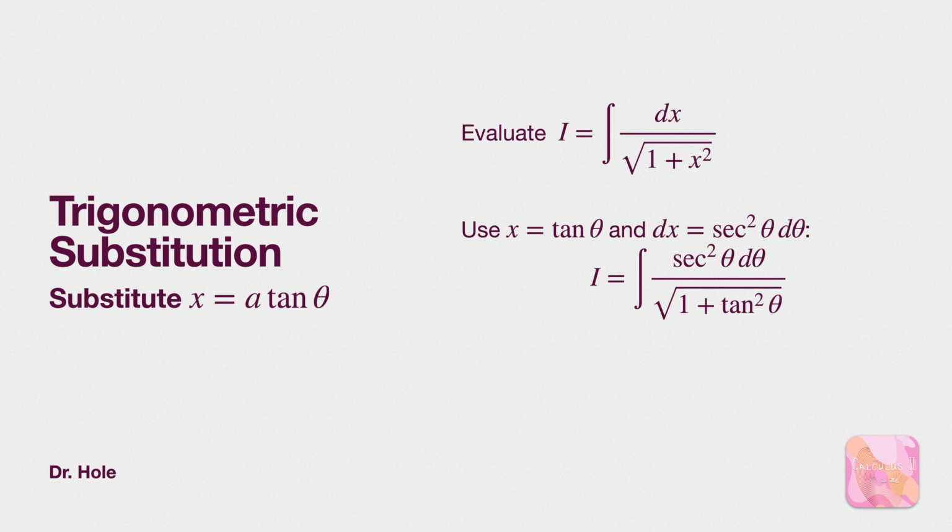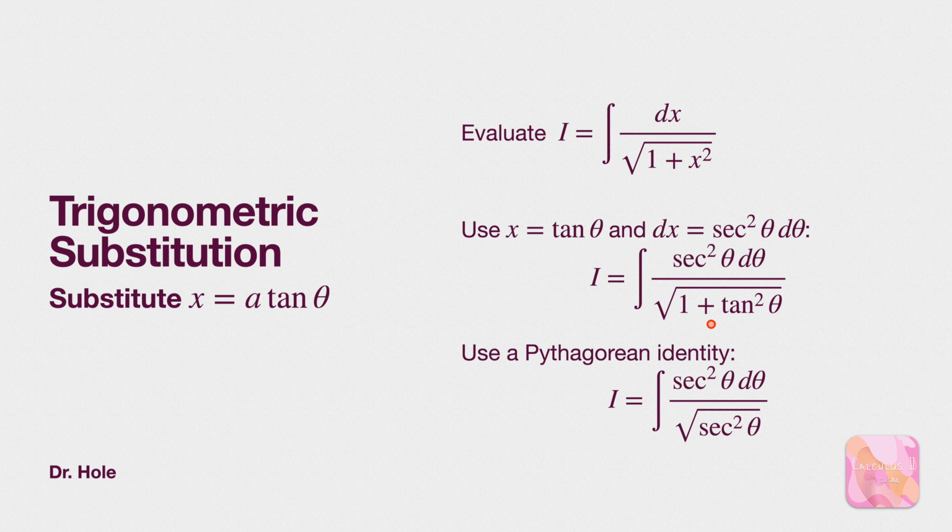The Pythagorean identity in the radicand takes 1 plus tan squared into secant squared. And then algebra: we'd like to remove that radical. A lot of the motivation for trigonometric substitution is to get rid of that radical. The radical of something squared is the absolute value of the quantity, i.e., the radical is gone.